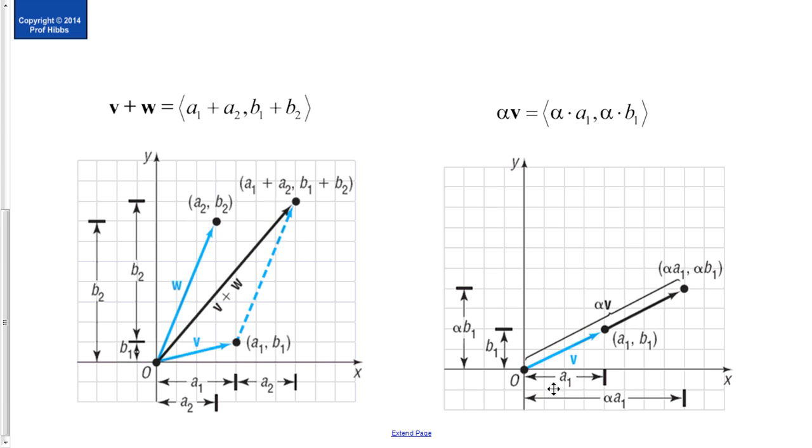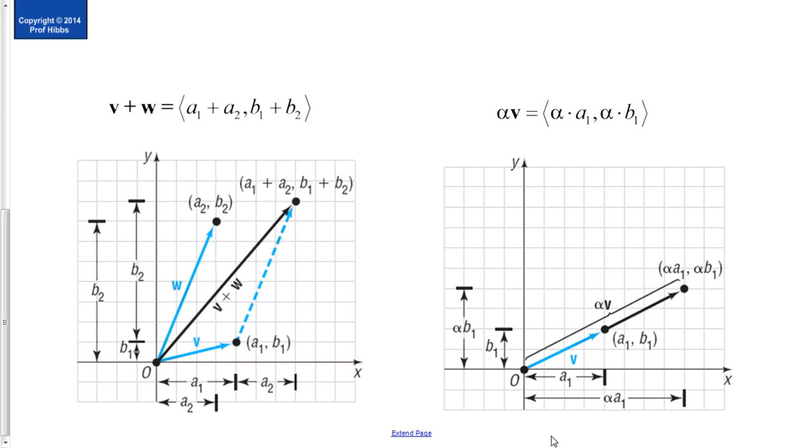And so altogether, this whole distance is alpha times the vector v, where it's alpha longer this way and alpha longer this way, and so altogether this whole thing is alpha longer.